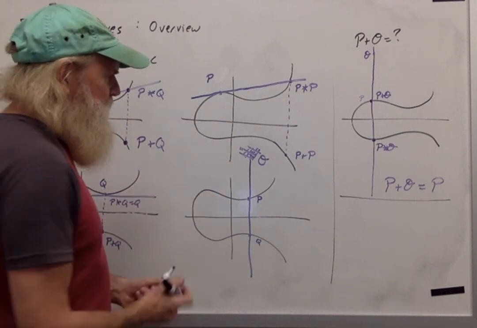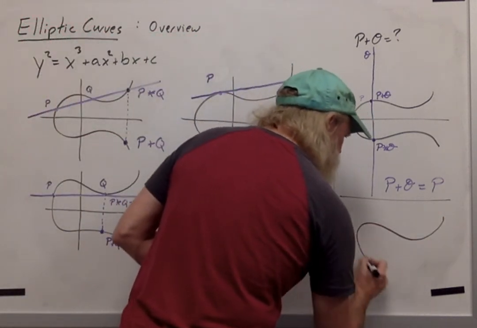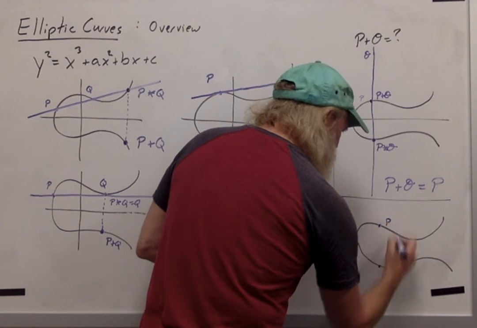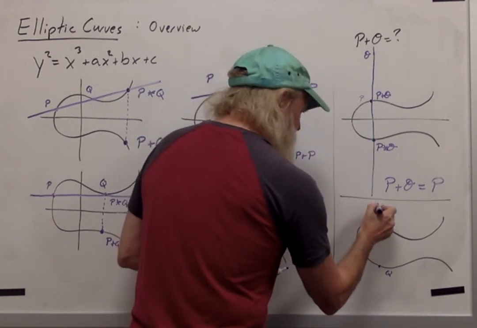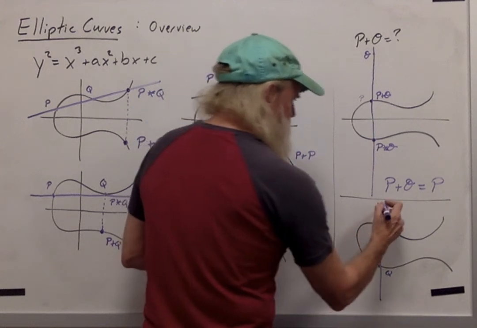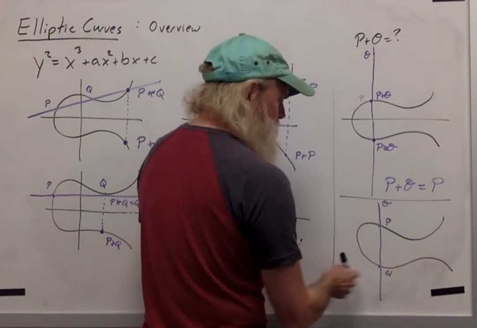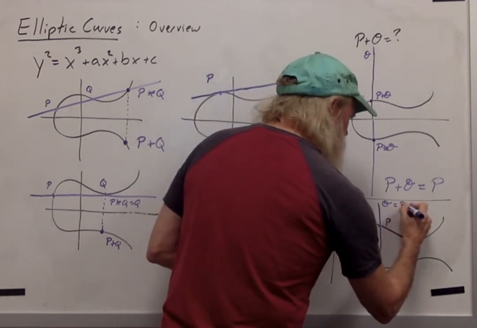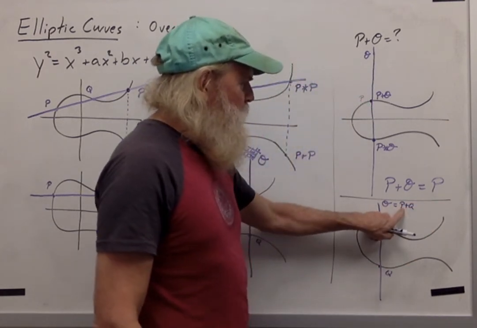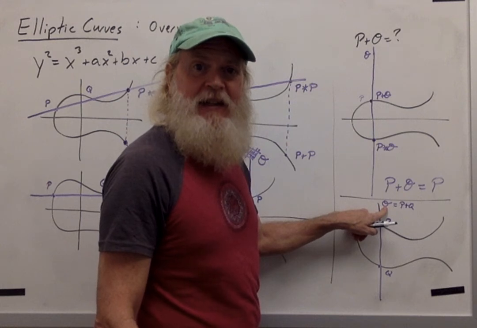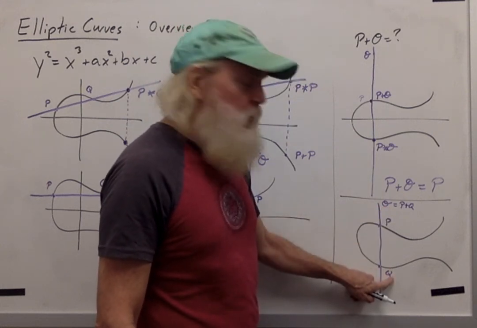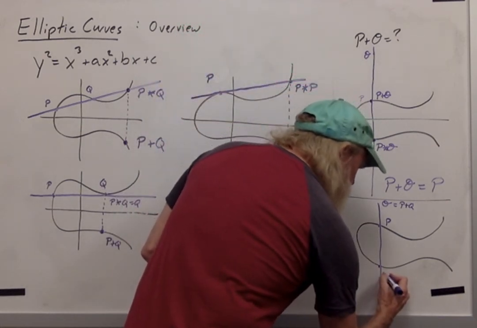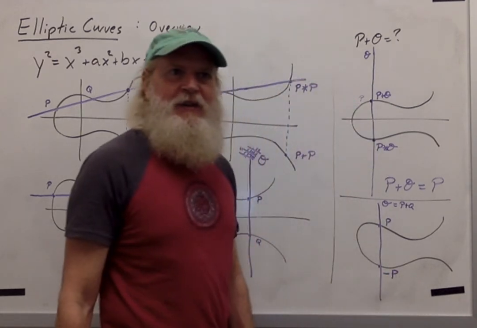So back over looking at this example, if I have 2 points that lie above each other, P and Q, then when I add them, I get the point at infinity, which is O, so O would be P star Q, but when I reflect it, I still get O, so O is equal to P plus Q. So in other words, when I add P and Q, I get the additive identity, which must mean that Q is the additive inverse of P. So when I have 2 points that are above each other, they're additive inverses of one another.